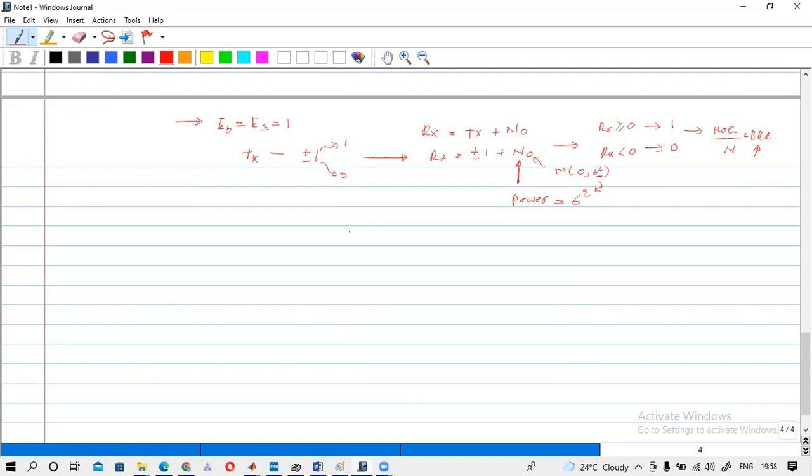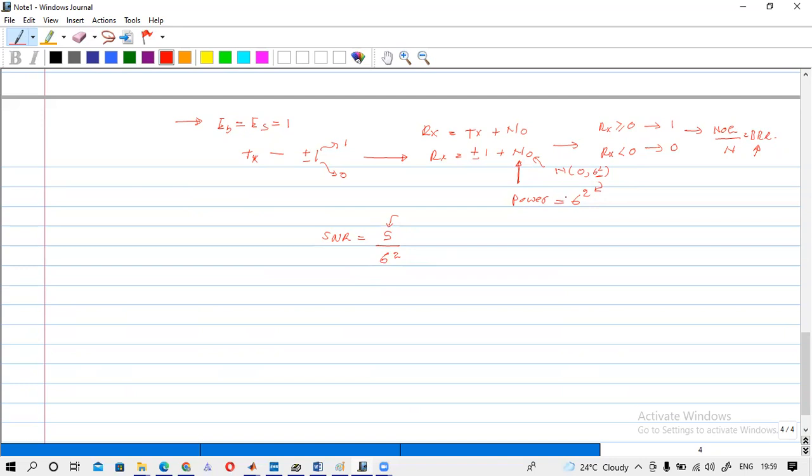Now, in bit error rate performance, if I get the SNR value, SNR will be my transmitted symbol power S divided by the noise power. I put the noise power as sigma square, because the power of this noise is sigma square.